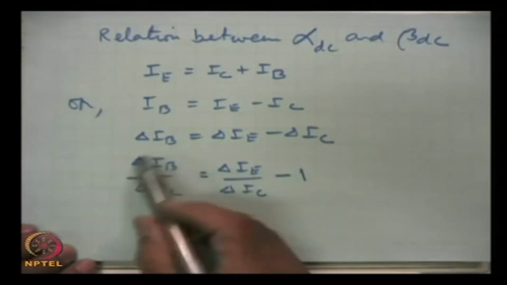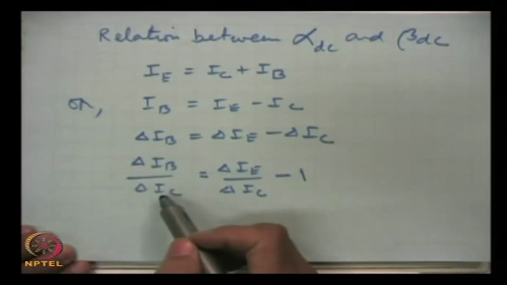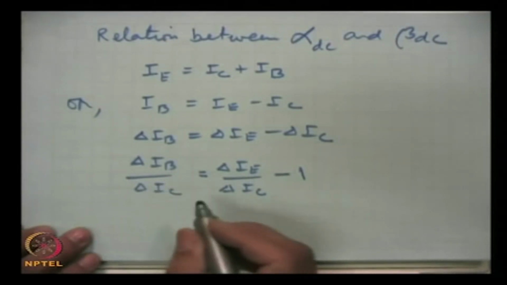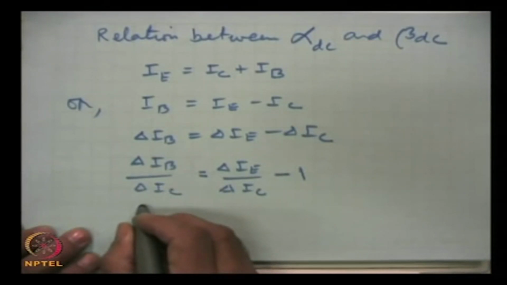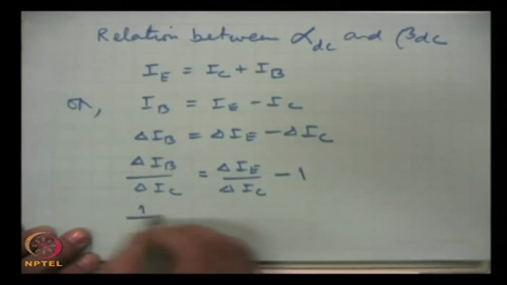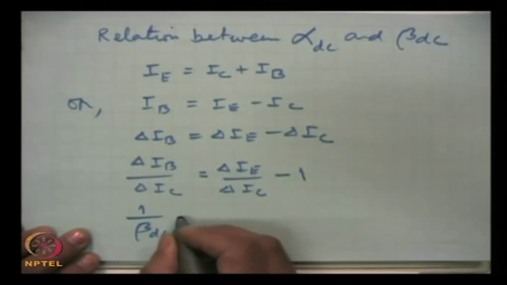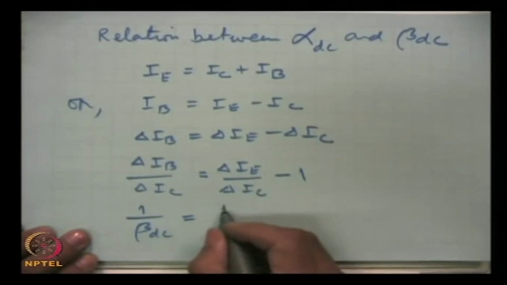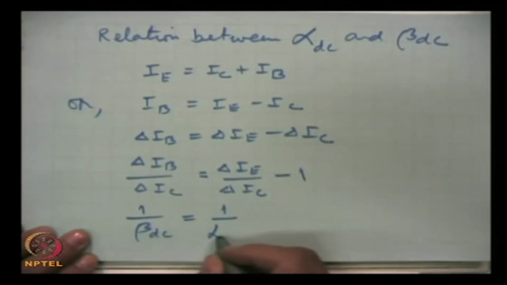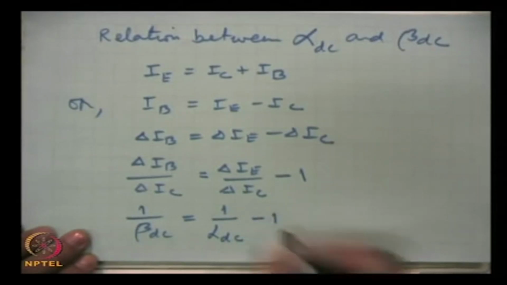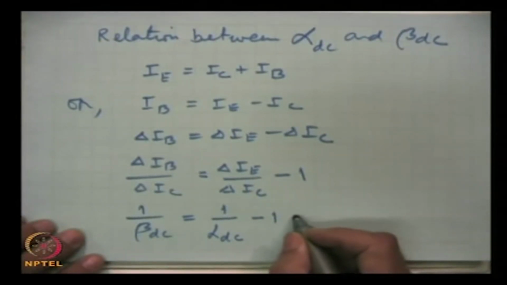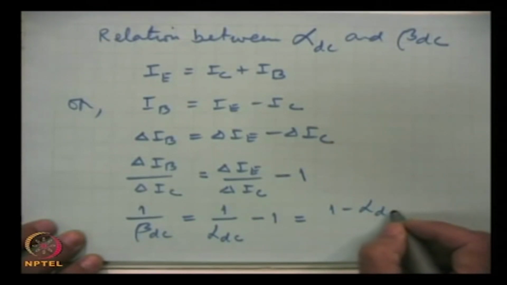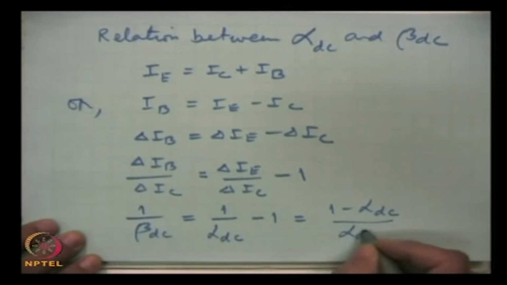Now, this is inverse of beta DC, so this is 1 by beta DC, and this is inverse of the alpha DC. So, 1 by alpha DC minus 1, or this is equal to 1 minus alpha DC by alpha DC.